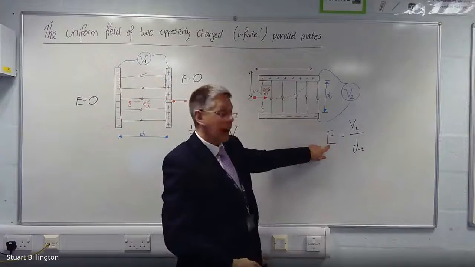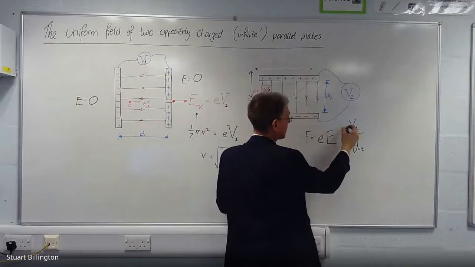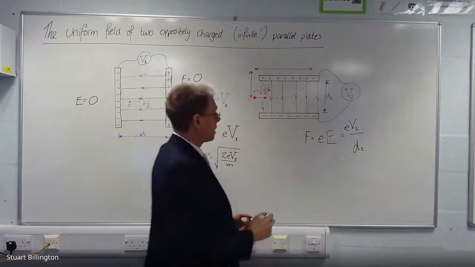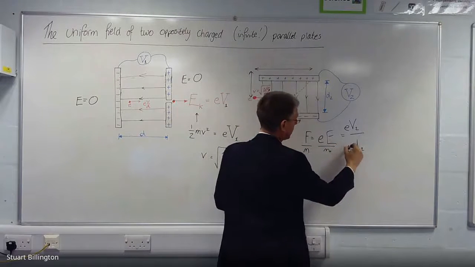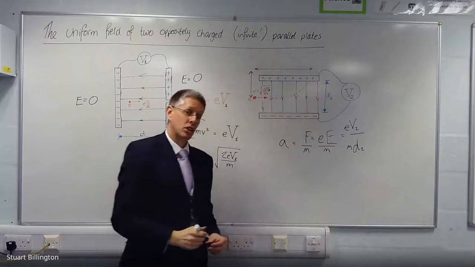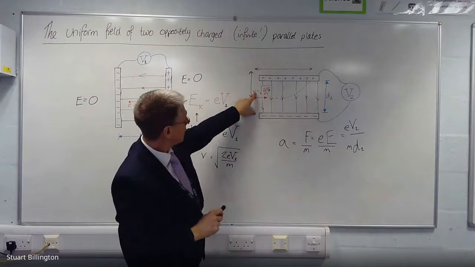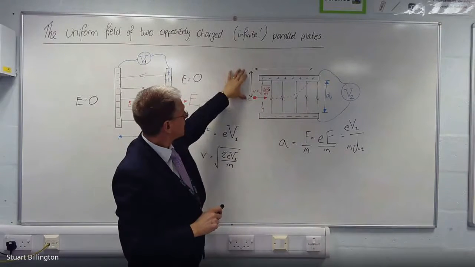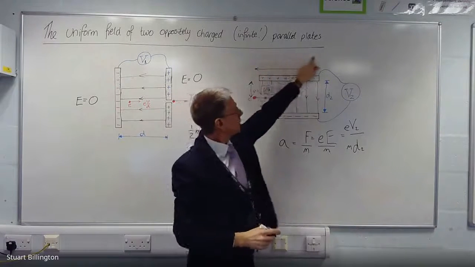You've got the electric field, so if we multiply by e, you'll get the force, divide by the mass, and you'll get yourself the acceleration. So you've got an initial velocity, an acceleration, a vertical distance, and a horizontal distance.